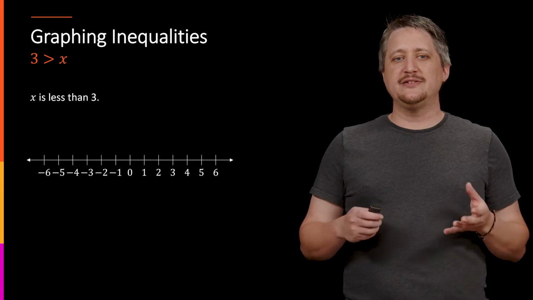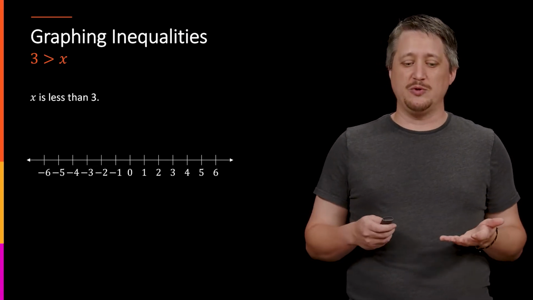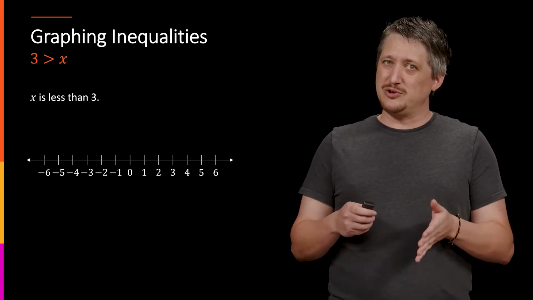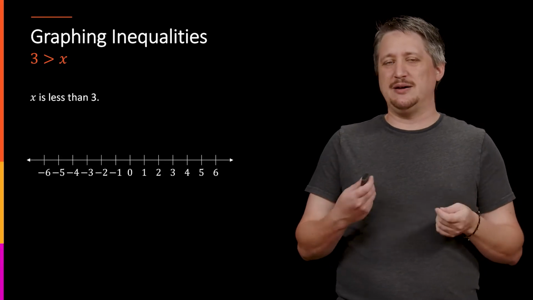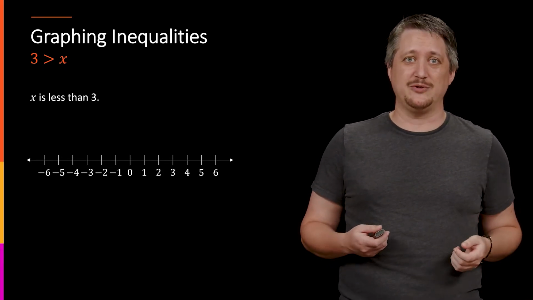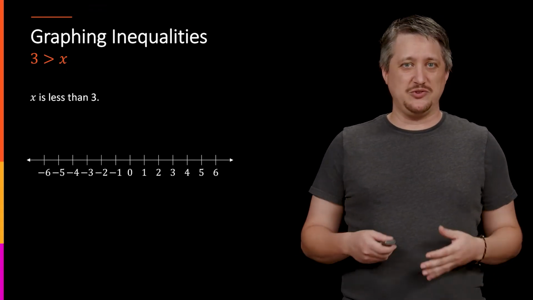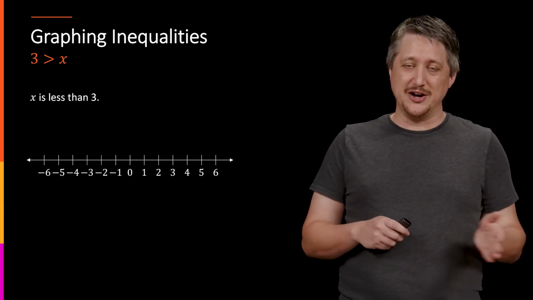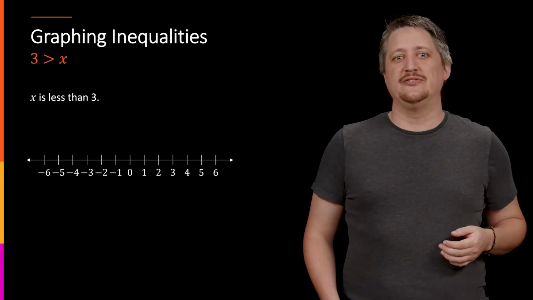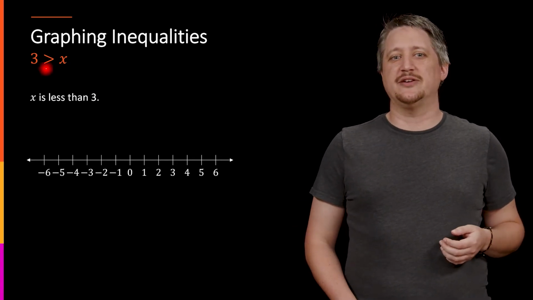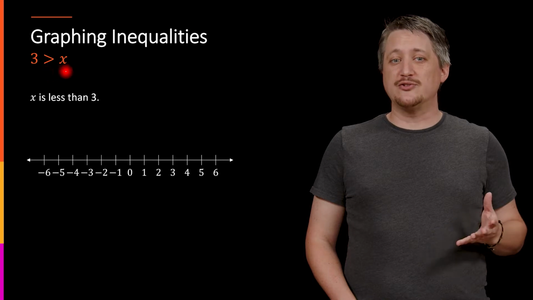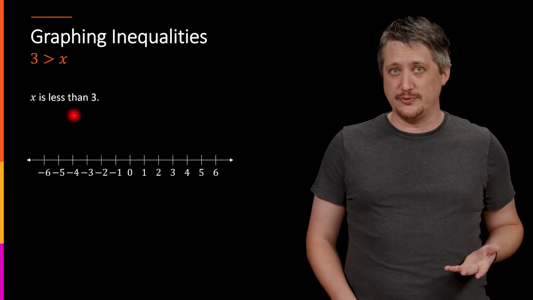A common situation to run into is that we want everything up to a point, but we don't want that point. This is very common for domains, for example, where you might have x minus 3 in the denominator, and you don't want to divide by 0, so you can have everything up to 3, but not 3 itself. That's usually where we see these strict inequalities. So we would say 3 is strictly larger than x, or x is less than 3.